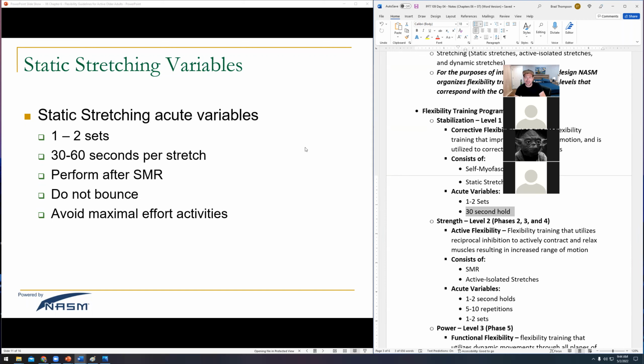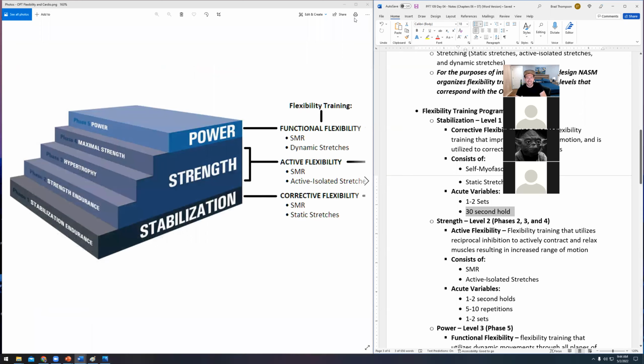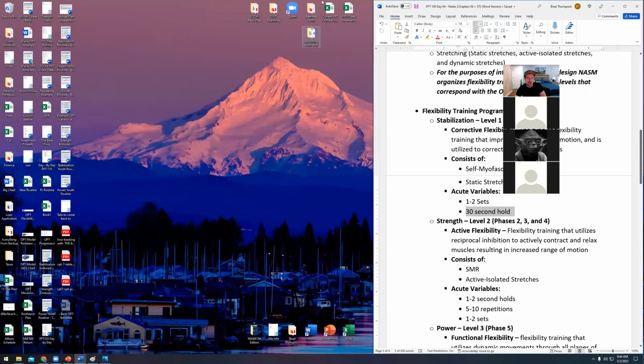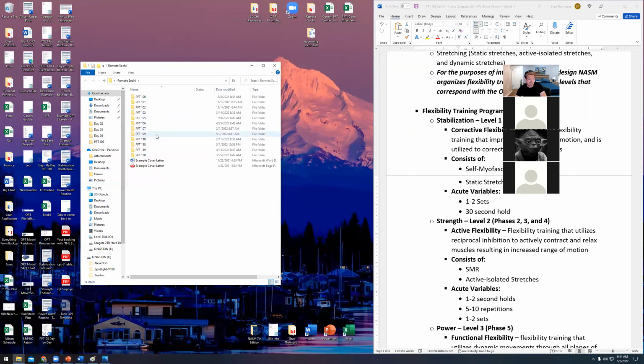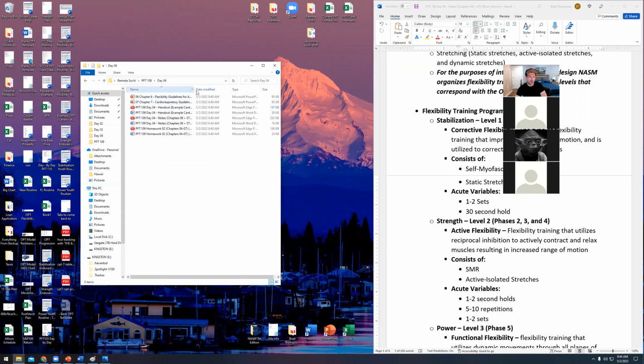I know we all want to get there. You see those clients, they all want to touch their toes. Oh God, no. So that is not how we do that. So let's take a look here. Let's take a look at how we would write an example program here.